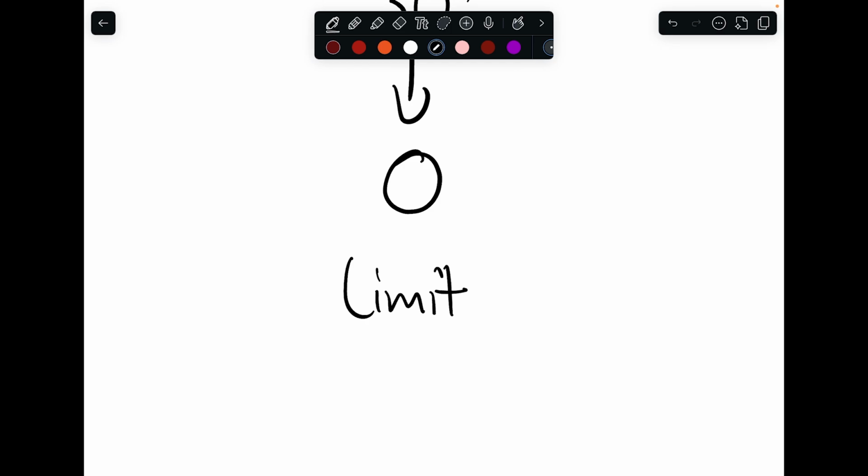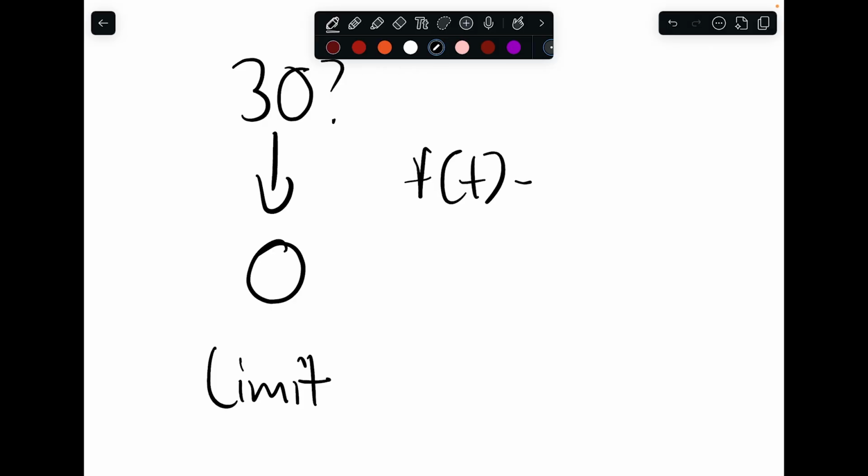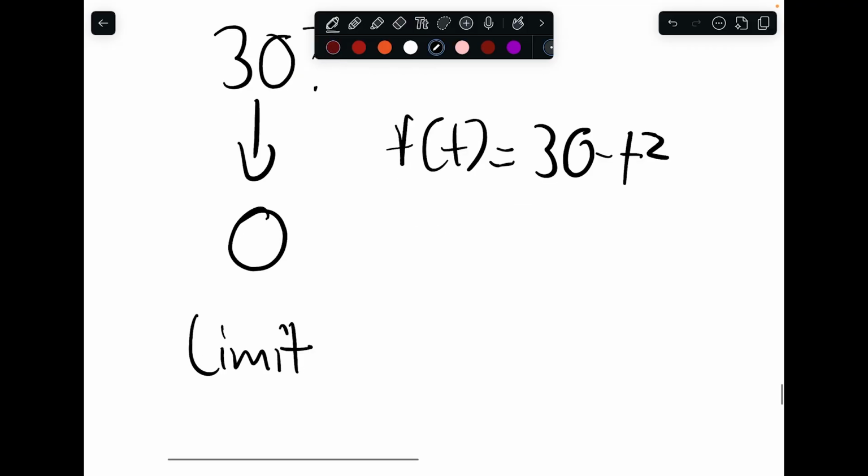You find out that the function for the amount of supplies that are available in a given hour is f of t, which is equal to 30 minus t squared, where t is the amount of hours since opening, and f of t represents the amount of supplies in that hour. Since the restaurant is pretty busy halfway through the day, you would want to find out what limit the supply would reach at 5 hours, kind of as preparation.